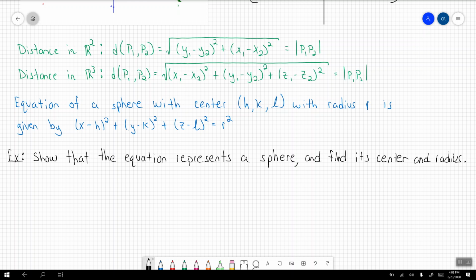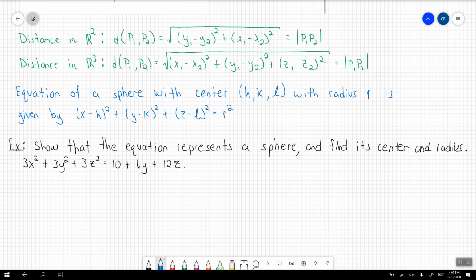Now, the equation that we're going to be working with here is 3x^2 + 3y^2 + 3z^2 = 10 + 6y + 12z. There we are. So again, what we want to do is show that this equation represents the equation of a sphere given right up here.